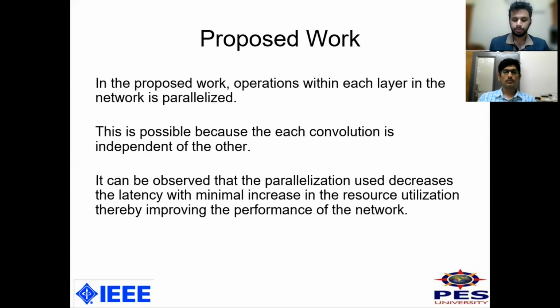The convolution between a feature map and a kernel is independent of the convolution between any other feature map and any other kernel. So this property was used to parallelize the convolutions. It was observed that this parallelization reduced the time required for the convolution while not significantly affecting the resource utilization.